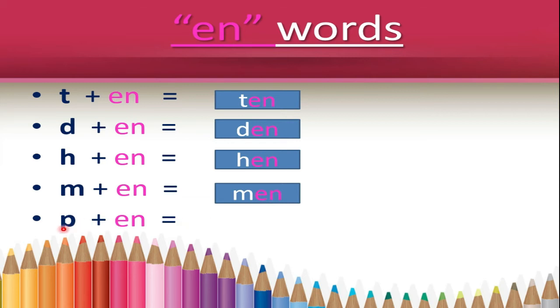When P is joined with EN, it forms pen. P-E-N, pen. Now repeat after me. T-E-N, ten. D-E-N, den. H-E-N, hen. M-E-N, men. P-E-N, pen.